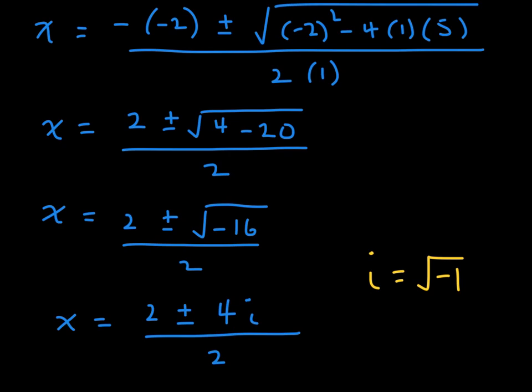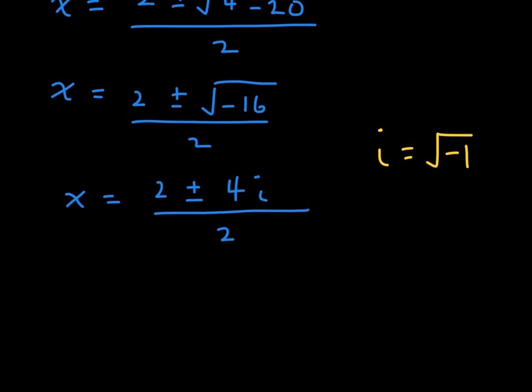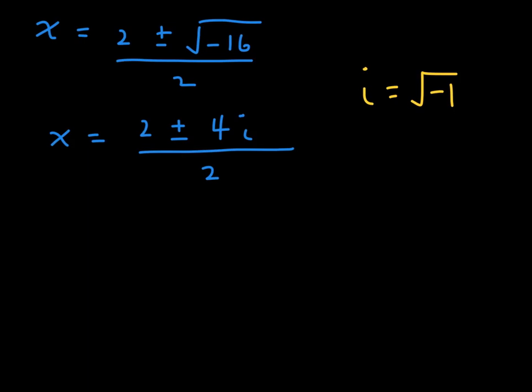The point, though, is, what are your x-intercepts? That's what I was trying to find. Well, your x-intercepts in the Cartesian plane, the x and y coordinate plane, are real numbers. However, the solutions for this quadratic equation are not real. These are imaginary solutions.